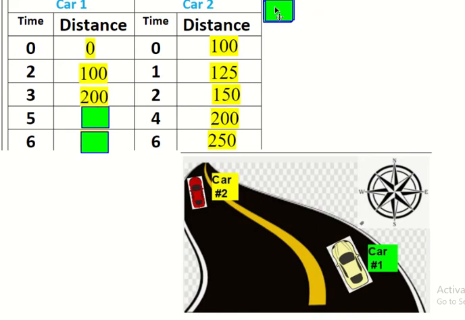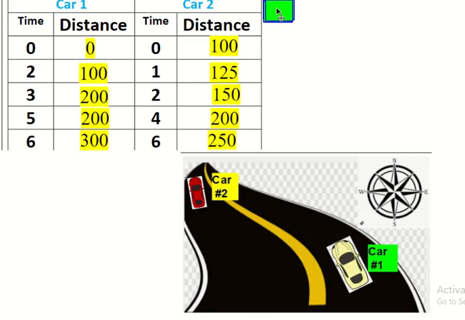So its total distance is 200 miles. But from 3 to 5, in that 2 hour time period, if you remember, the car was broken down, didn't go anywhere. So you're still at 200 miles from where they started because they didn't do anything. And then the last hour, he went another 100 miles. And that's how we complete our table.